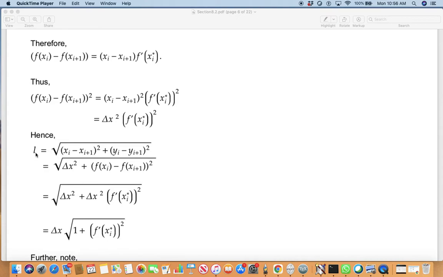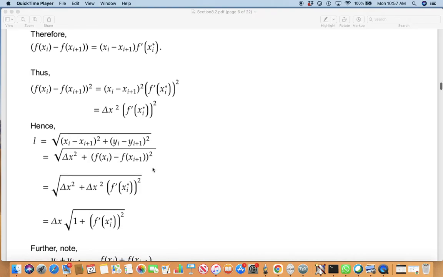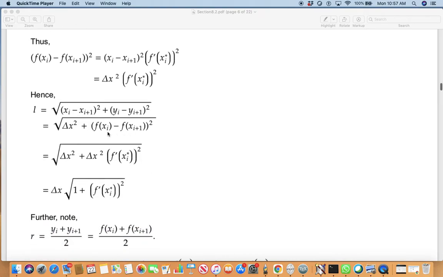Therefore, the side length of each strip is the square root of (xi minus xi+1) squared plus (yi minus yi+1) squared. This being delta x squared, this being (f(xi) minus f(xi+1)) squared. So by the mean value theorem, this square is delta x squared times the derivative at some point squared.